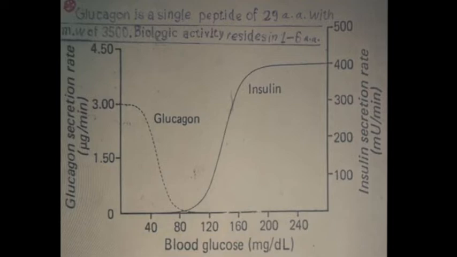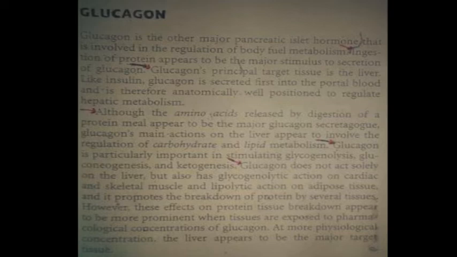It means when glucose level increases, insulin increases, and glucagon decreases. You understand now that glucagon is the second most important hormone of the islets of Langerhans, I mean the pancreas, because it is the most potent hyperglycemic hormone.